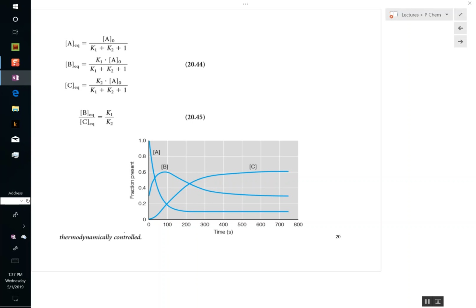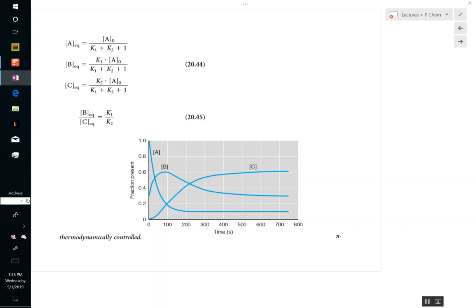And so these reverse, the KR for B going back to A, the KR for C going back to A, the KR for B going back to A is much higher than that one. And so you have this dropping back down and you get a different amount of concentration as those three later on in the reaction.